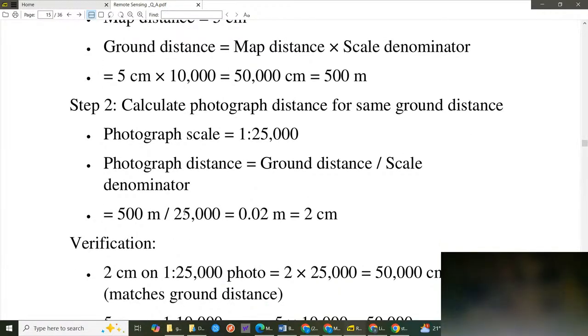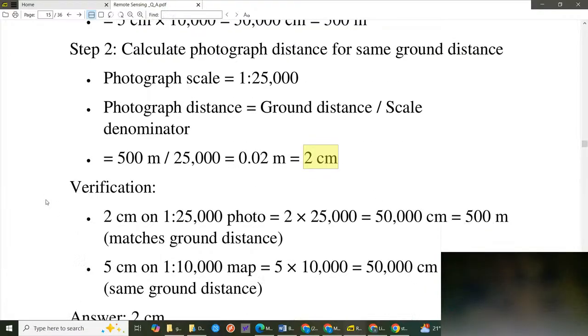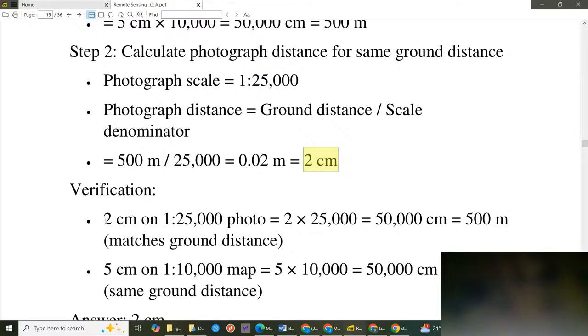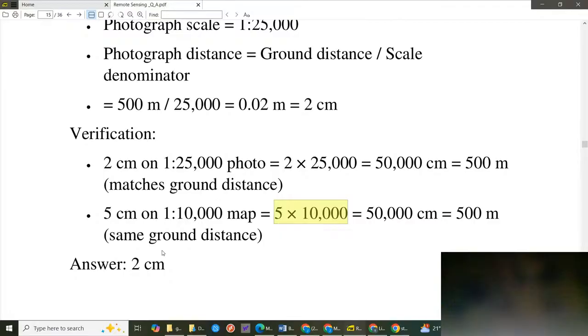So 500 meters divided by 25,000 is equal to 0.02 meter, which is 2 centimeters. Verification: 2 centimeters on 1 to 25,000 gives 50,000 centimeters, or 500 meters, which matches the ground distance, and 5 centimeters on the 1 to 10,000 map, 5 times 10,000, is 50,000 centimeters or 500 meters, the same ground distance. So the answer is 2 centimeters.